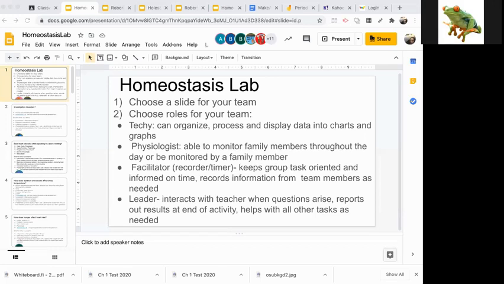Also, I'll do temperature versus time of day. Okay, Emma. Blood oxygen, mask versus without a mask. Adam. Adam or Brianna?